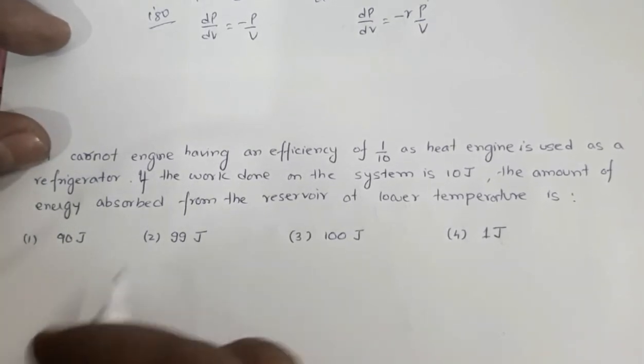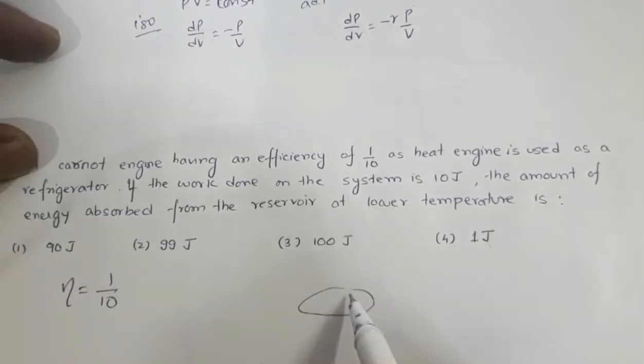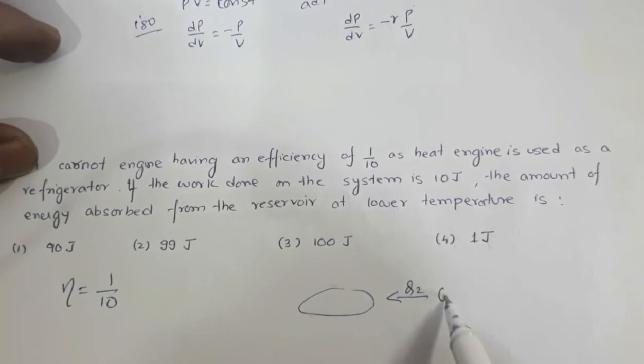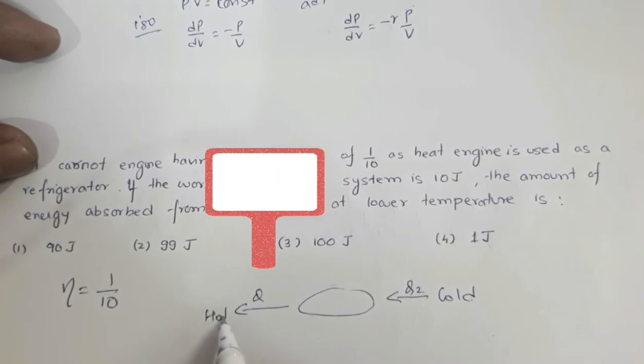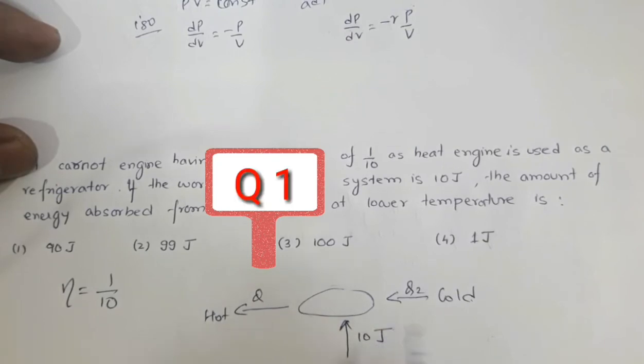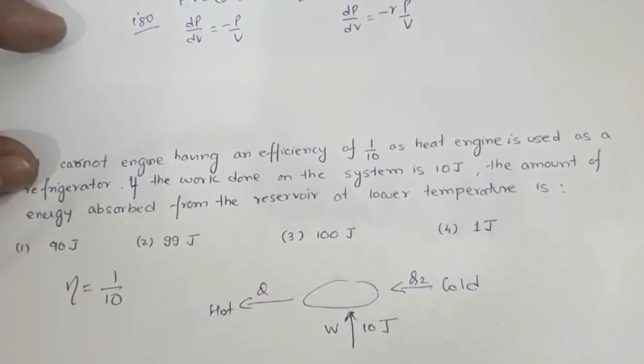As you can see, the efficiency of the Carnot engine is given to be 1/10. Let's say this is the working substance, and it absorbs Q2 amount of heat from the cold reservoir and rejects Q1 amount of heat to the hot reservoir by absorbing 10 joule of work from an external source.